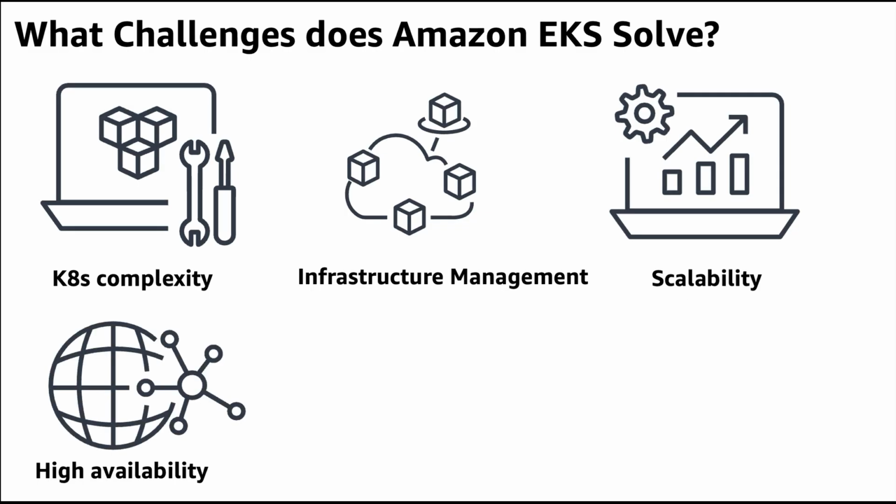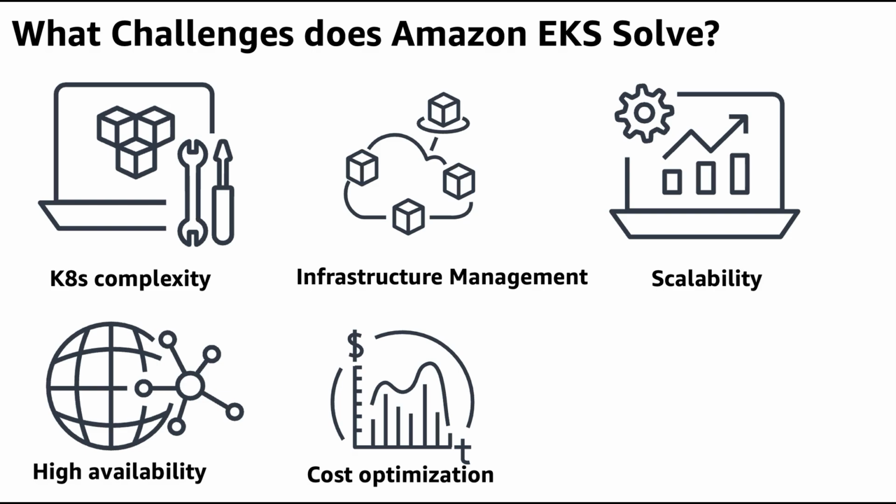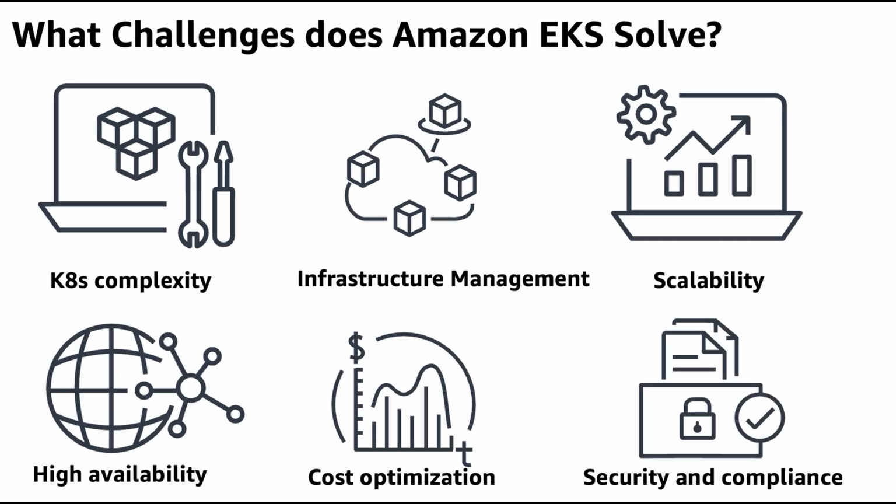Making sure there is high availability and fault tolerance for Kubernetes clusters can be challenging. Managing costs associated with running Kubernetes clusters can be complex. Maintaining secure and compliant Kubernetes environments requires continuous effort and monitoring.